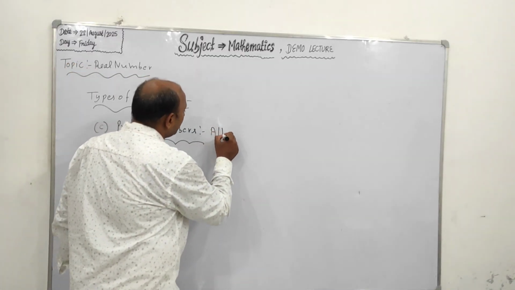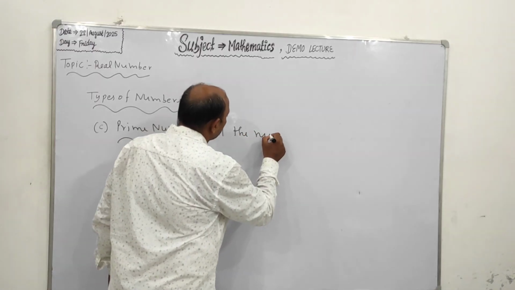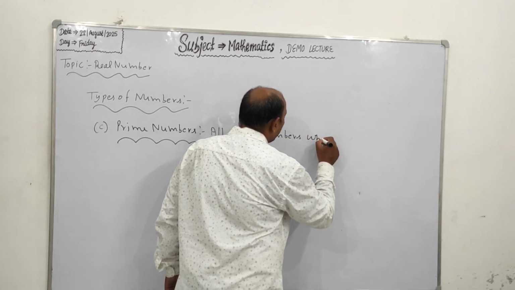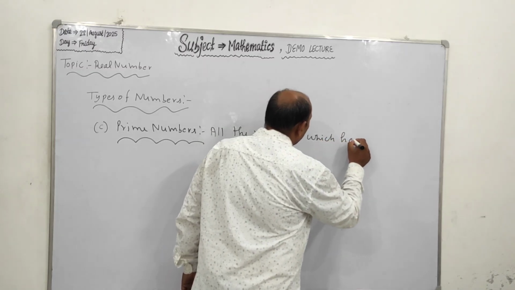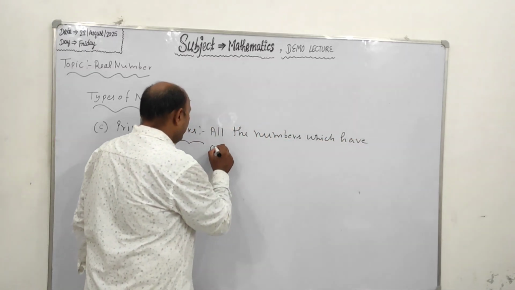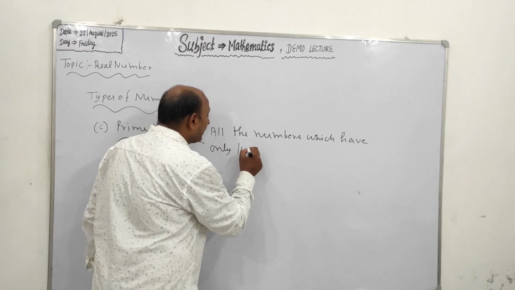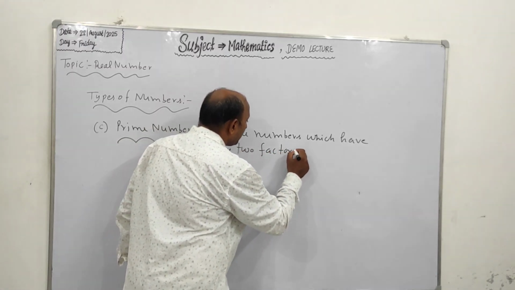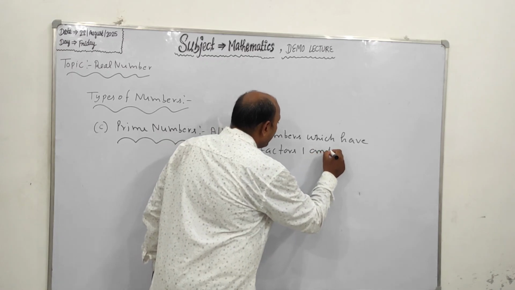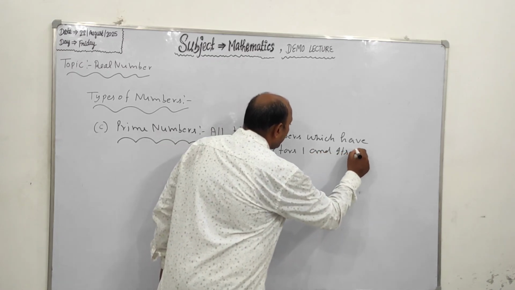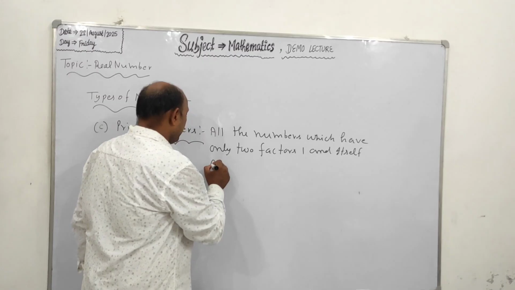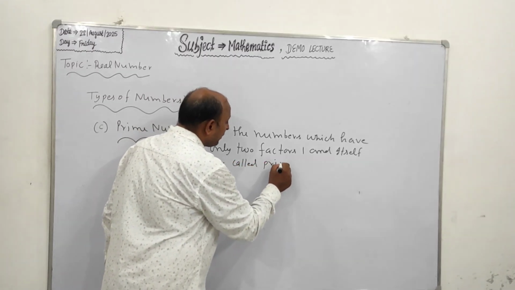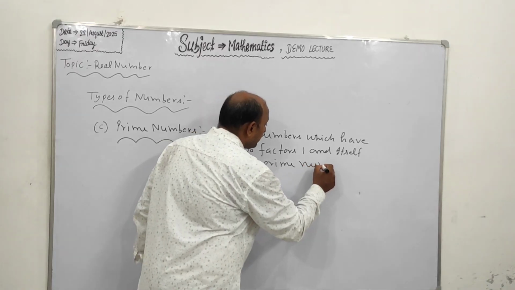All the numbers which have only two factors, one and itself, are called prime numbers.